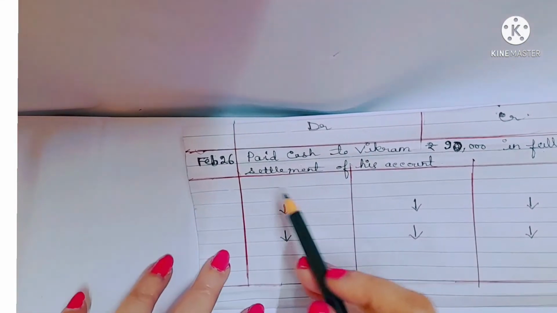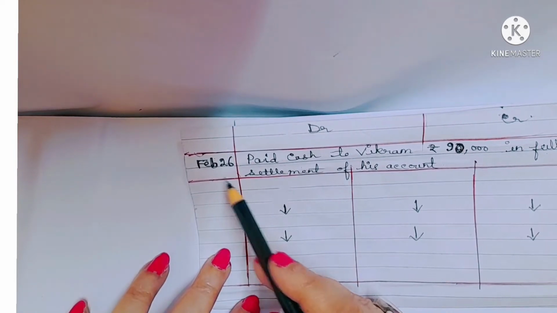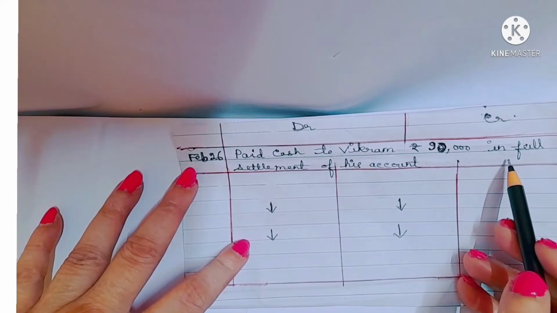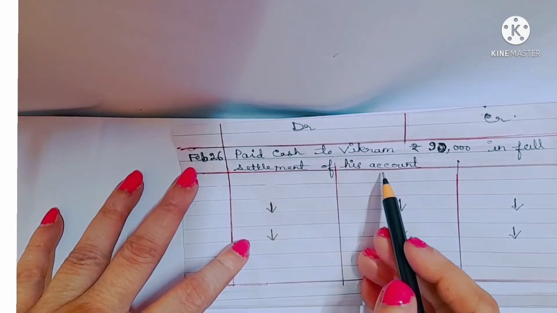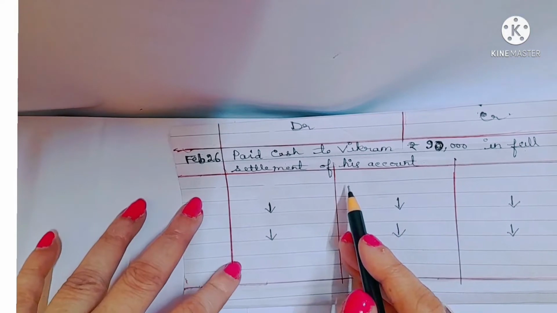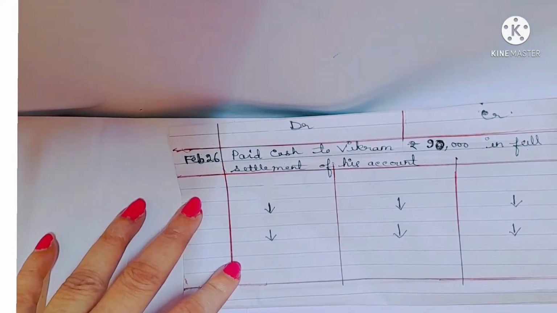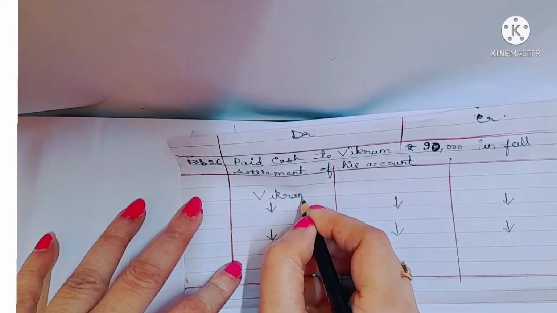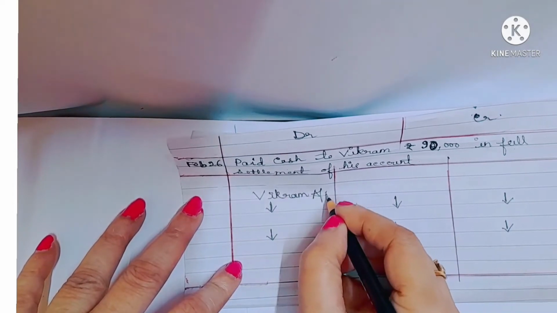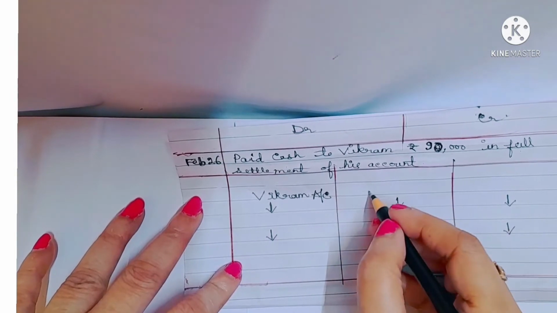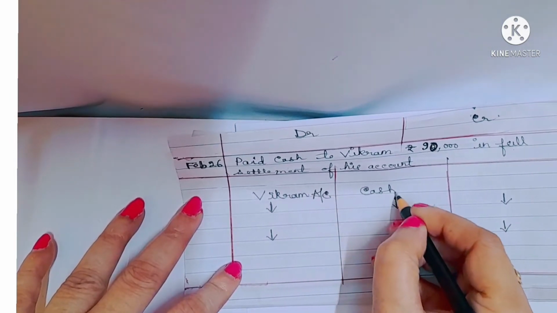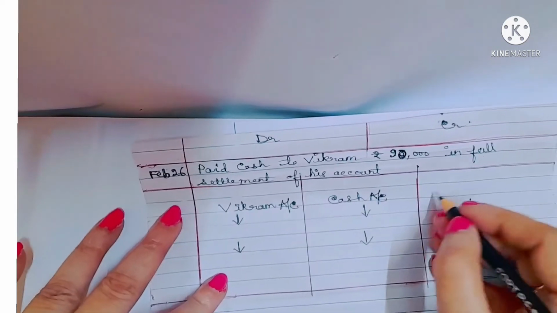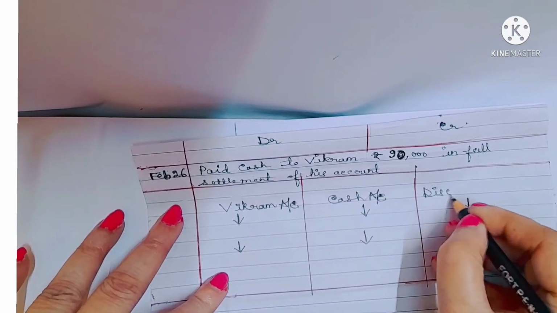The last transaction is on 26th February, paid cash to Vikram rupees 90,000 in full settlement of his account. So one will be Vikram account. Second account will be cash account. Third account will be discount received account.